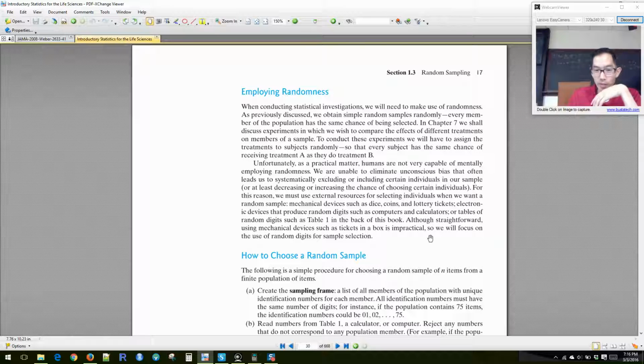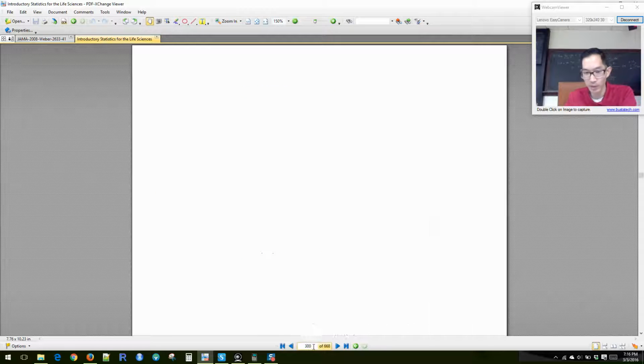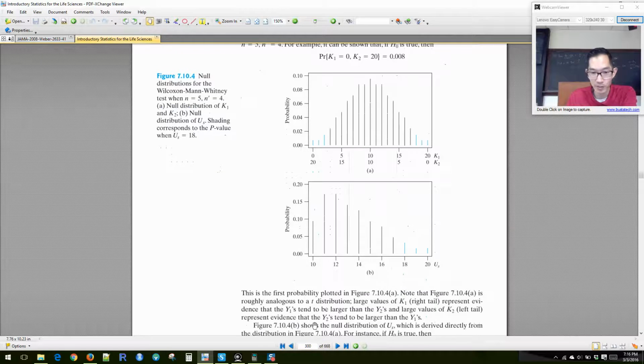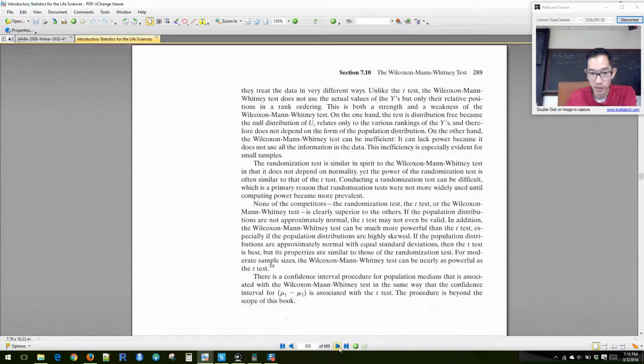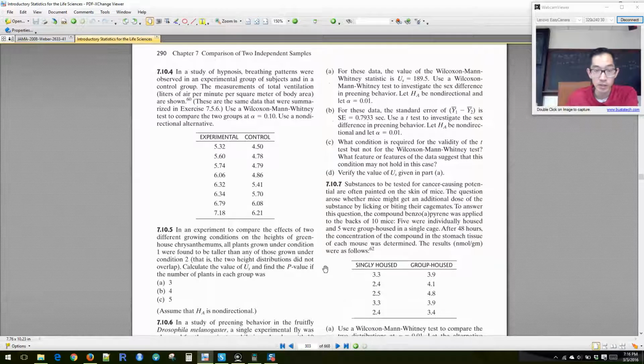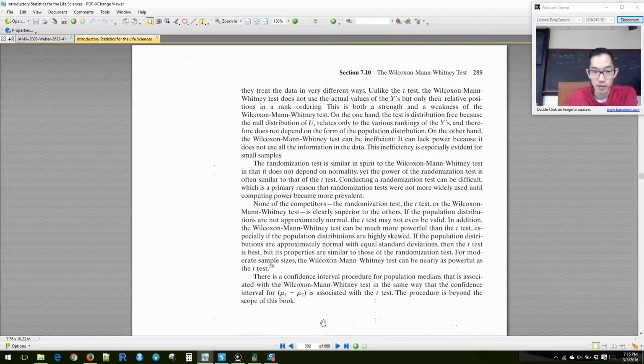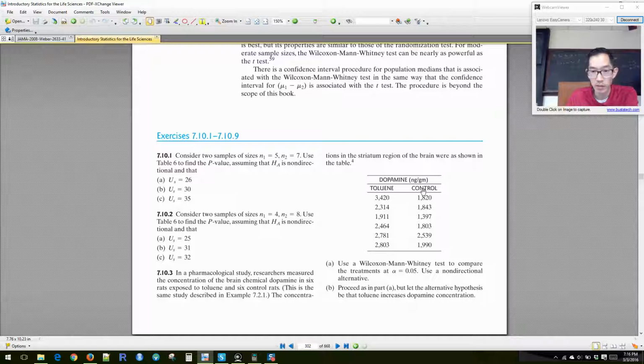Okay, let me see if I can pull up this question here. This one right here? Yeah, what if the null hypothesis had been toluene has no effect, and then it asked for a directional alternative?